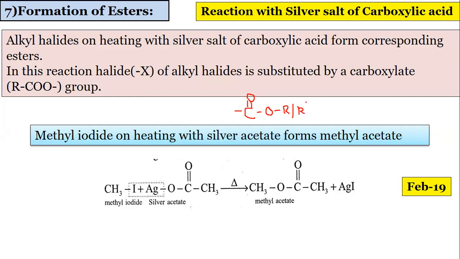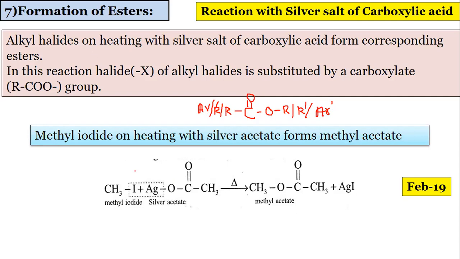What is the difference between R and R dash? When the same R groups are there, it is called R. When one is R and one is R dash, these groups are different, or it may be aromatic Ar, or Ar dash. So these are the different possibilities of esters.